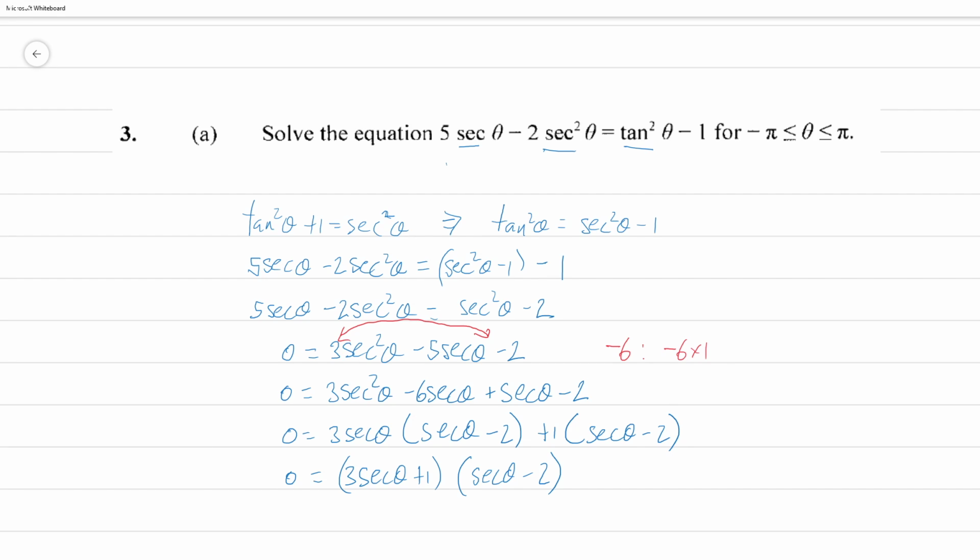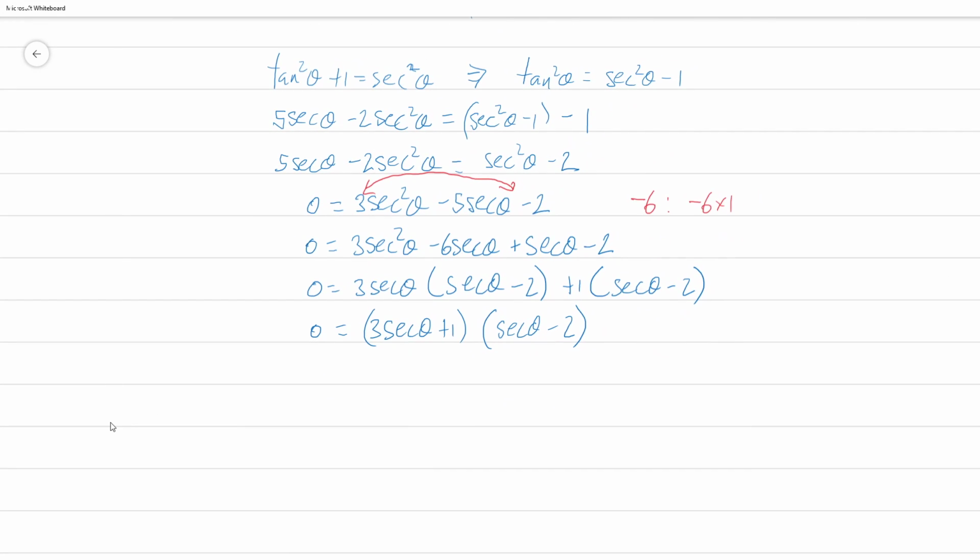Right, it's coming along nicely. If this term multiplied by this term is equal to 0, then either one of them has to be 0.